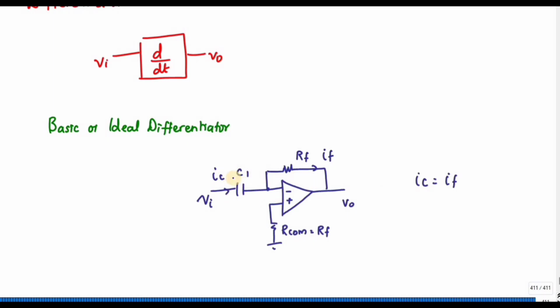So how to write the current flowing through this capacitance? I can write it as C dVi divided by dt, because this voltage is 0. And this one is nothing but 0 minus V naught divided by RF.